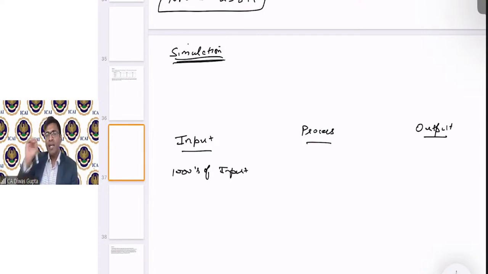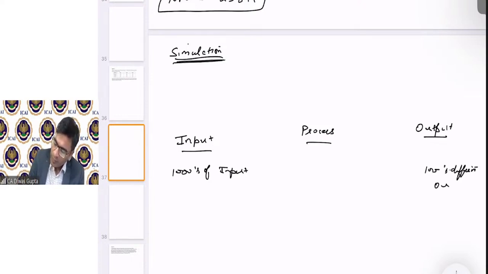I perform the same process thousand times on different inputs and arrive at thousand different outputs. So this is called simulation, because in this simulation, we don't know what is that exact input that is going to come in future. Hence, we are trying to assess all the different inputs that we can know as of now and try to arrive at an output.